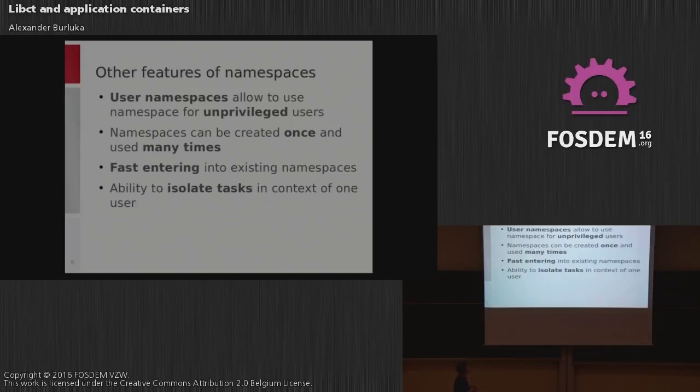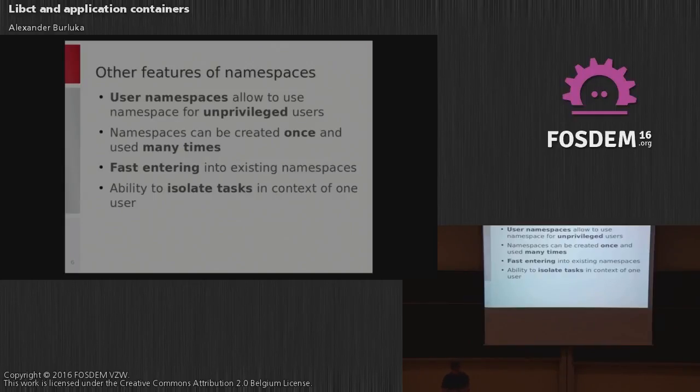The next main feature is that namespaces can be created once and used many times. You can reuse them. It's quite important because creating namespaces has a cost in some cases. For example, with a mount namespace you need to rebuild the file system tree every time you use it.